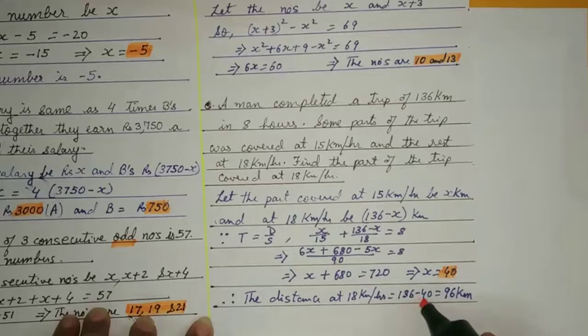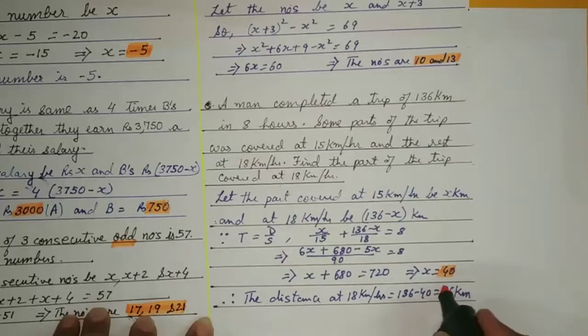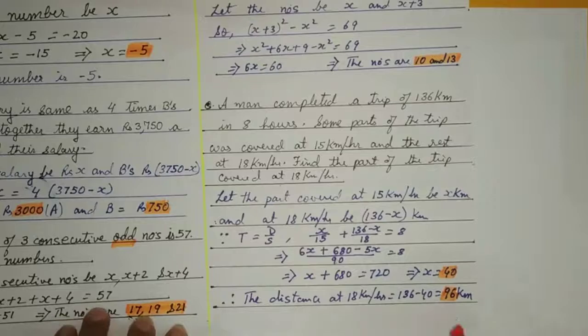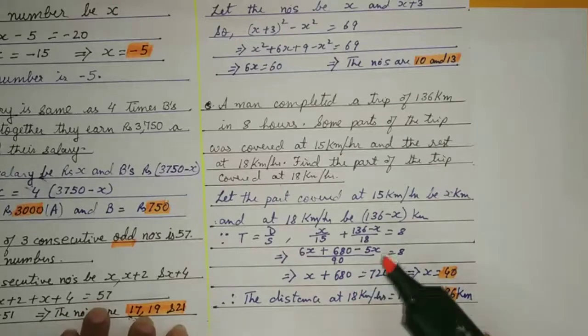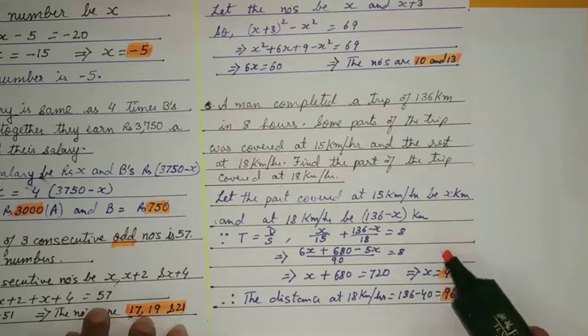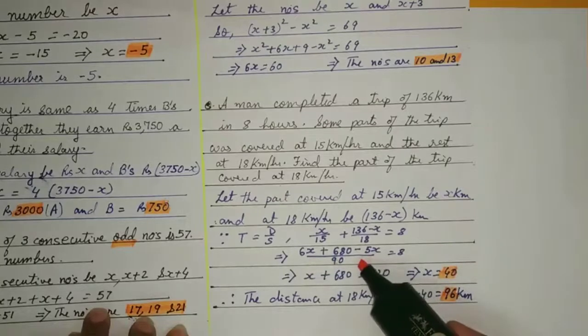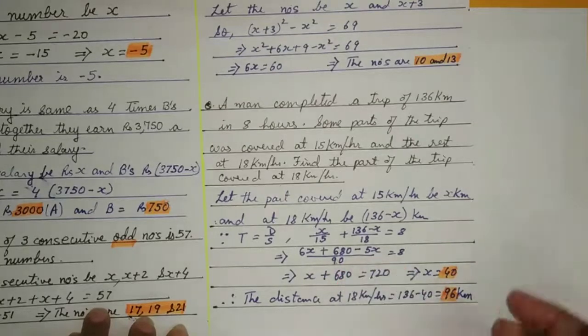So 136 minus 40 is 96 kilometers traveled at a speed of 18 kilometers per hour. This question you should understand properly. The solving part is important, so be careful.